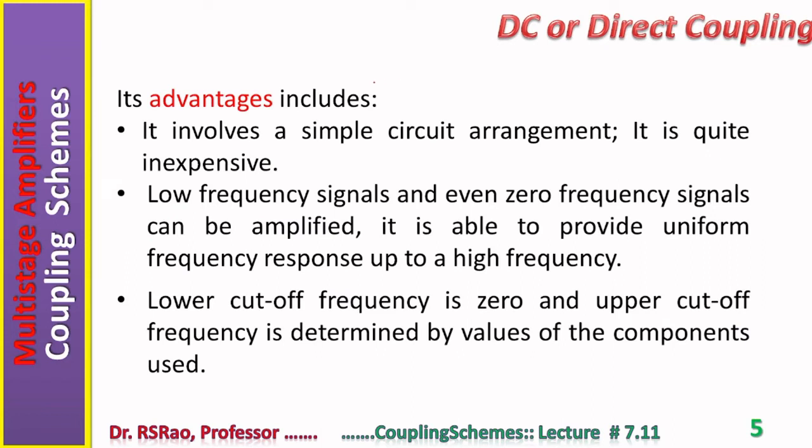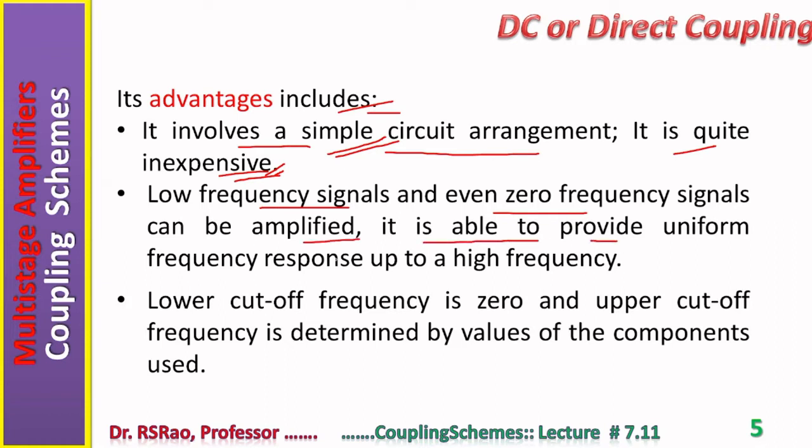DC has certain advantages. What are they? This coupling involves a simple circuit arrangement. It is quite inexpensive. It is the simplest possible coupling scheme and it is the least expensive of the three. Low frequency signals and even DC can be amplified.